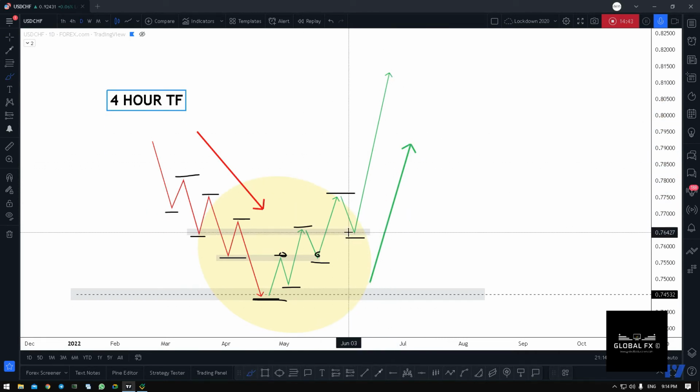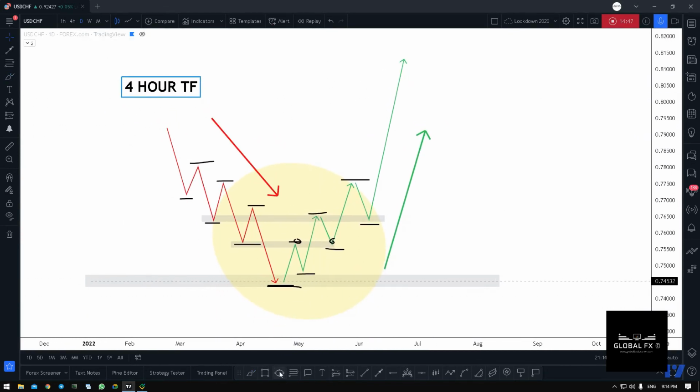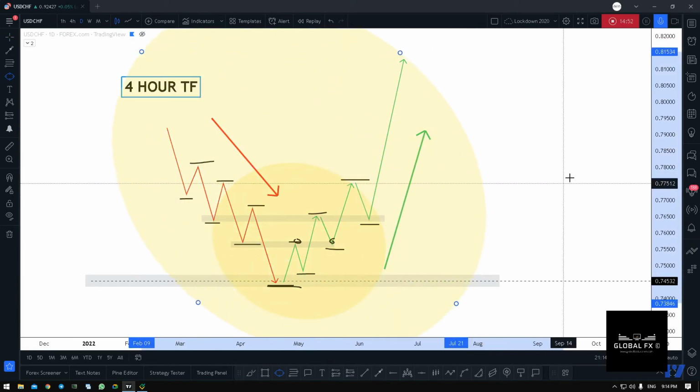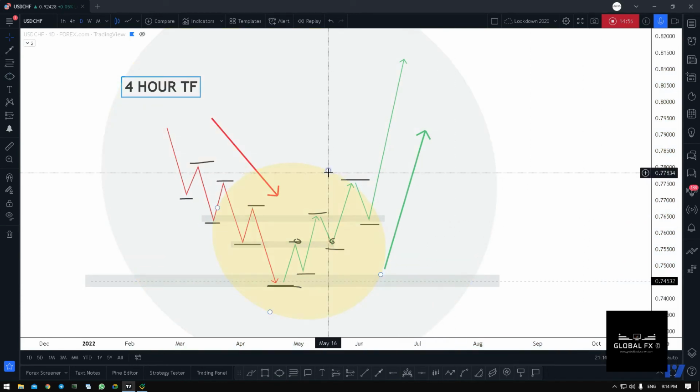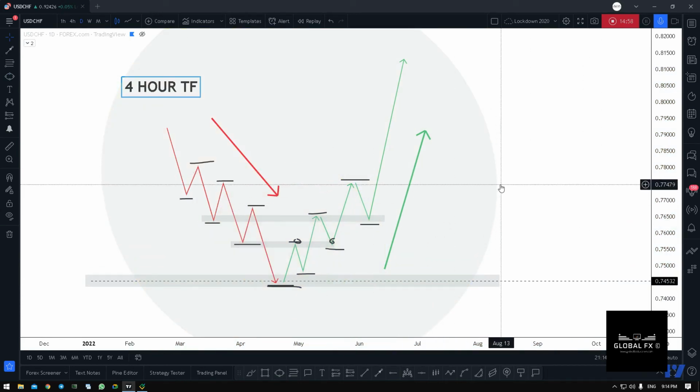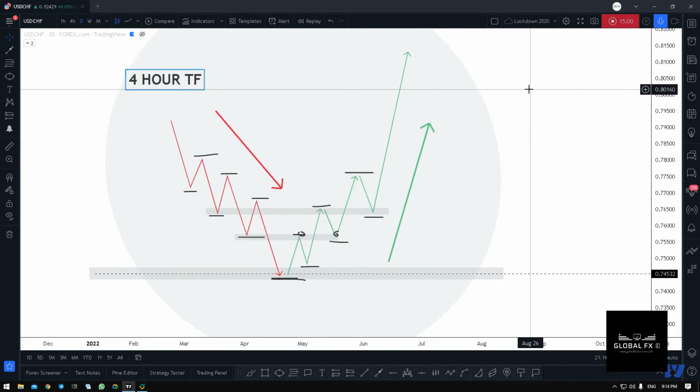It will start a very, very big move. So at that point, when the market has already made this type of momentum, that is where you're going to be looking for your swing trading opportunity.